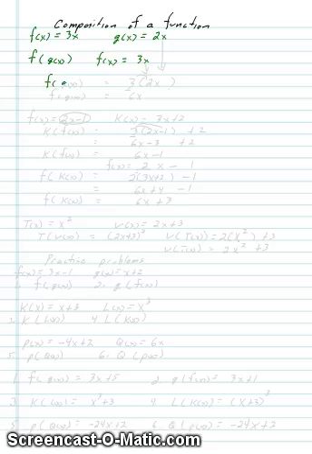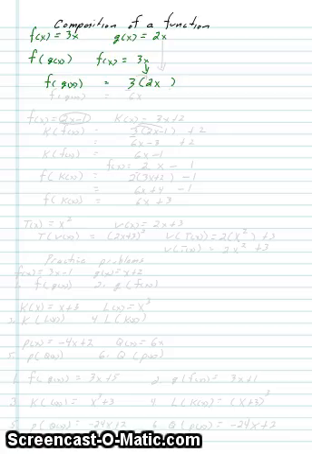So for f of g of x, we take this expression 3x, take the x out, put a parenthesis in its place, and where that x used to be, in that parenthesis, we're going to put 2x. That's the g of x function.